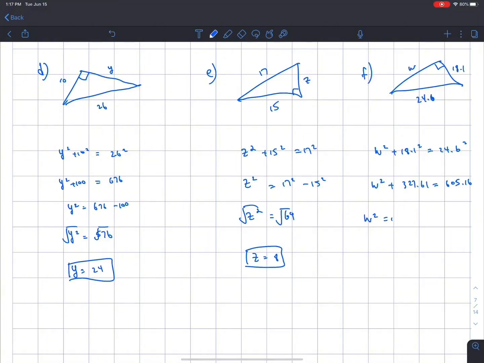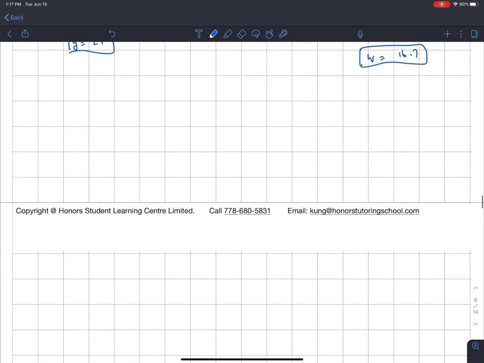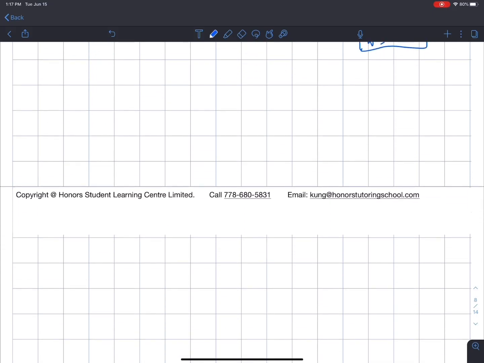W squared equals 277.55, and then now we square root both sides. We get W equals 16.7. G.